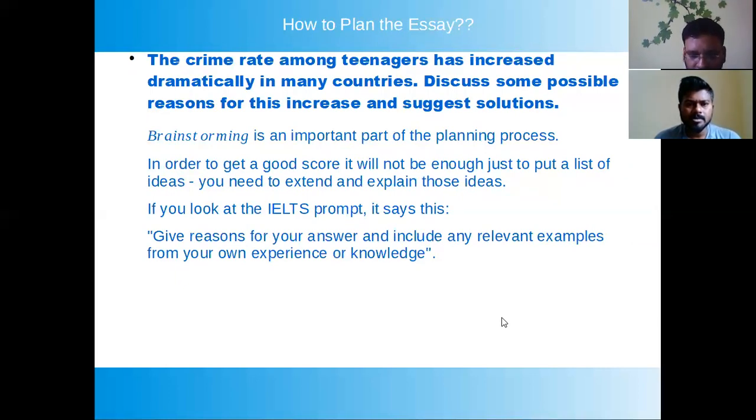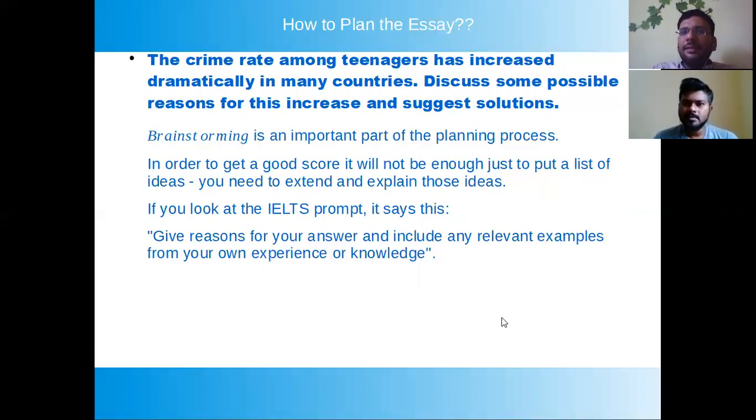Right? Yes. Cool. So now the first thing here, when I'm given a question, is I need to understand the question by looking at the keywords, right? If I were to look at this question, one of the keywords is crime rate among teenagers.